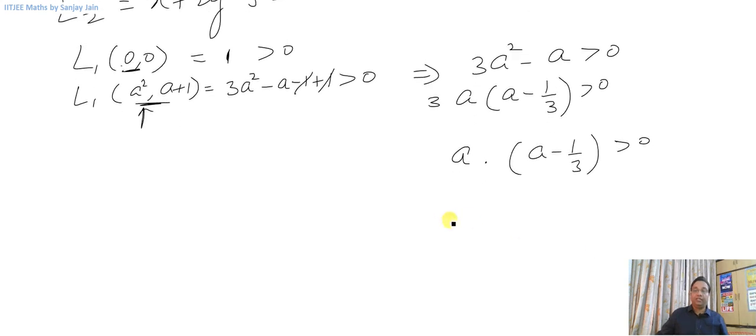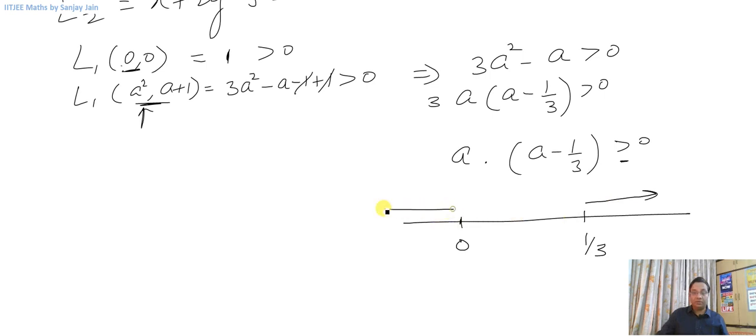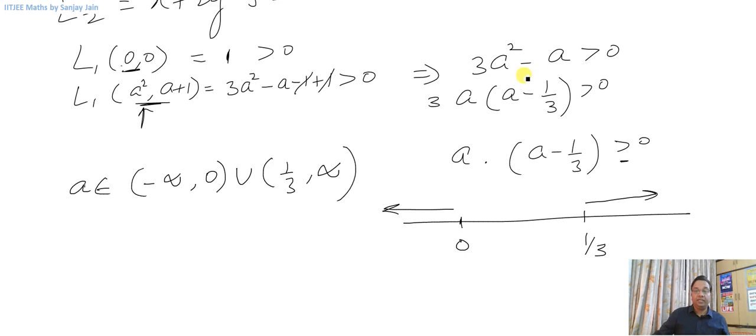One of the critical points is 0, another point is 1 by 3, and their product is greater than 0, so the solution will lie either on this side or on this side. So the solution for this will be a belongs to negative infinity to 0 union 1 by 3 to infinity. This will be the solution for the first condition which I have derived from the line L1.